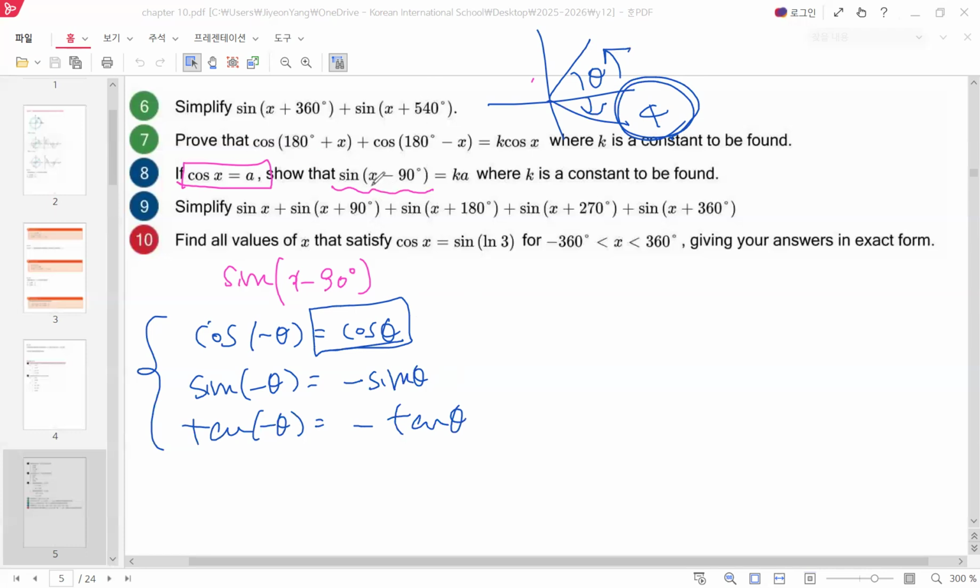So, since we remember this change in this form, 90 minus, 90 plus, 270 minus, 270 plus. So firstly, we want to change this number, right? So sine of x minus 90, you can change it as minus of 90 minus x. Can you see they are the same?